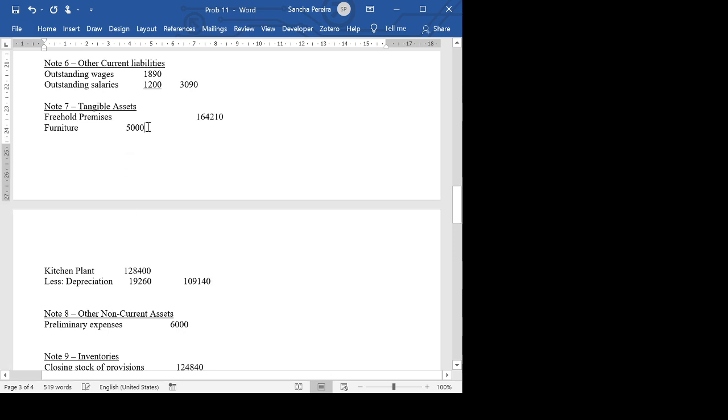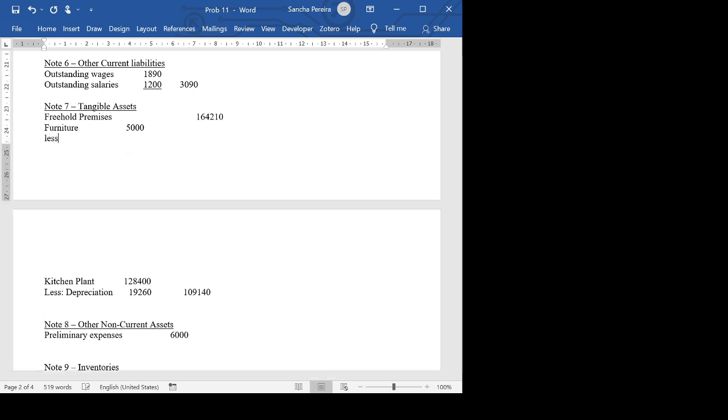Similarly, furniture is 10% less depreciation. 10% of 5,000 will be 500, so this will come to 4,500.